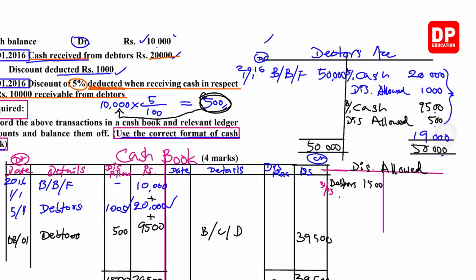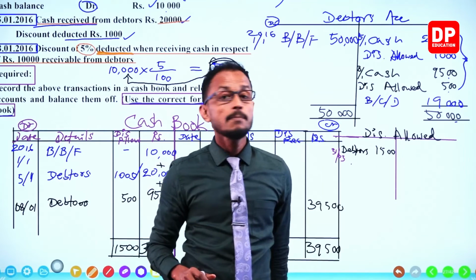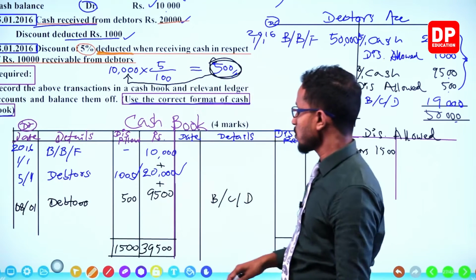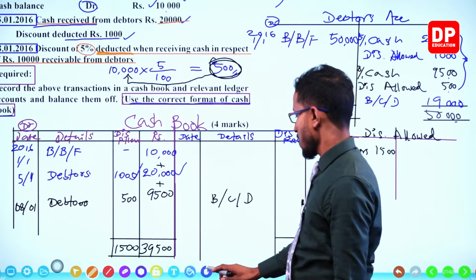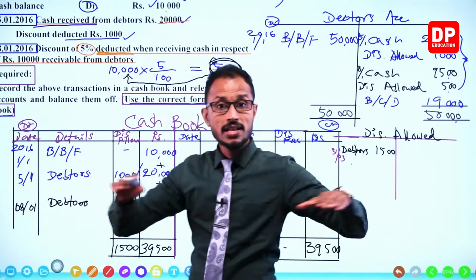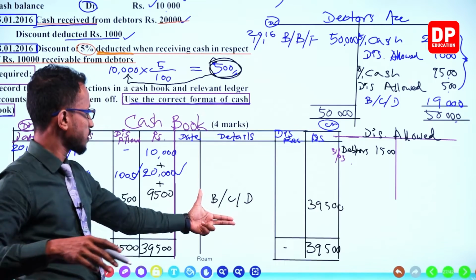19,000. Balance carried down in the debtors account. Balanced. Cash book also balanced. It's balanced, see? Balance carried down.